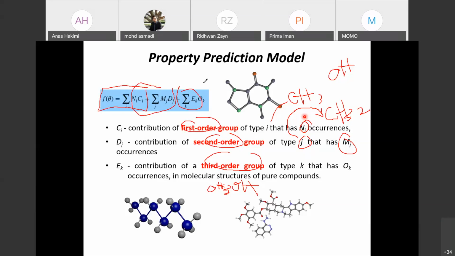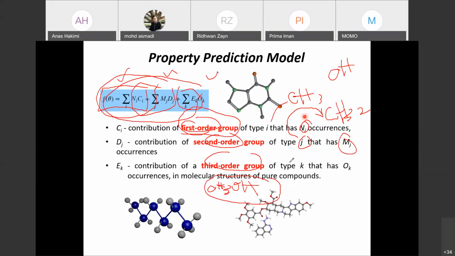The longer your equation becomes, the more accurate it is, if you remember. The shorter it becomes, the less accurate, but it is a simple equation, applicable only for the first order. This is what we call first order. If you combine this one, it is second order, and if you combine this one, it is third order. So for CH3OH, it is enough to use the first-order group.